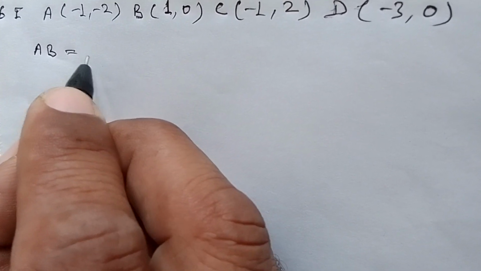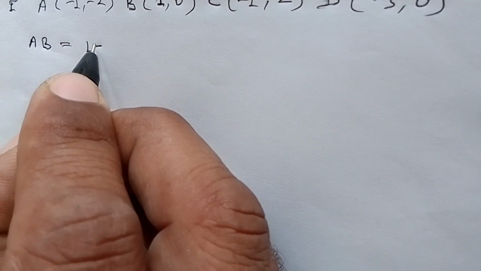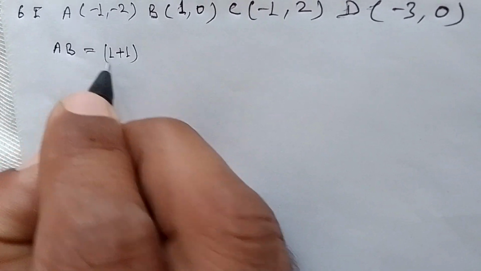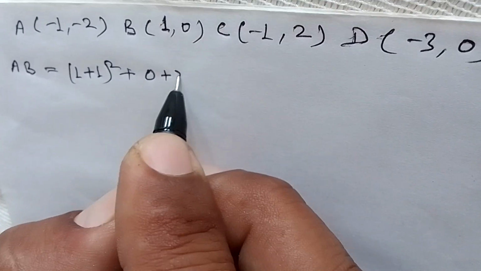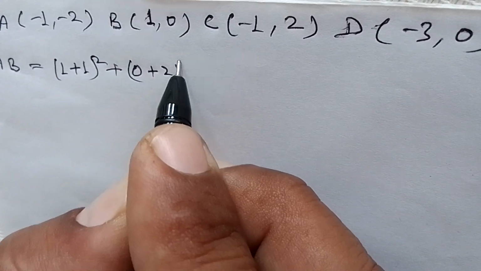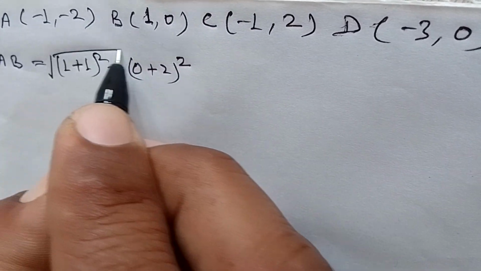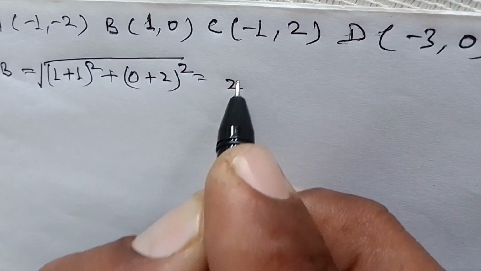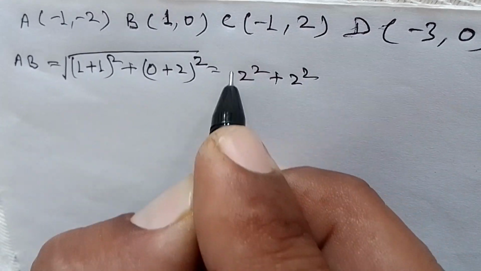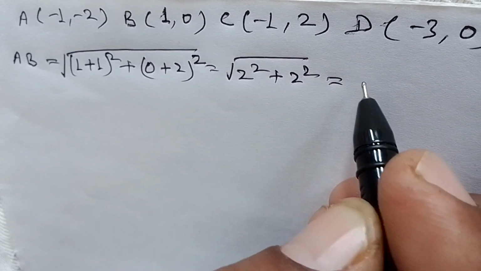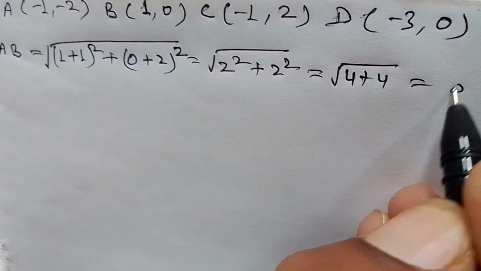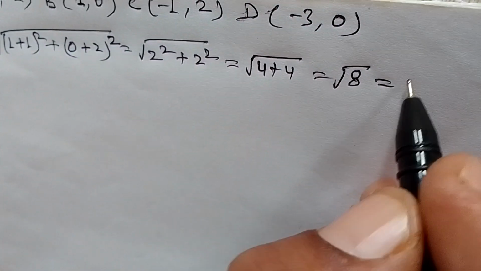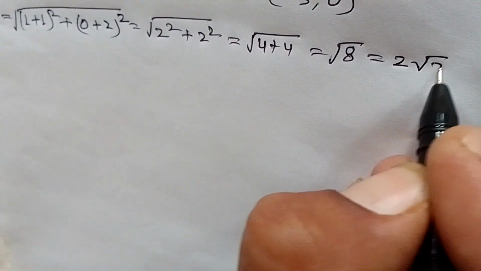So root of (1 plus 1) square plus (0 plus 2) square. So it will come out to be 2 square plus 2 square, that comes out to be root of 4 plus 4, that is root 8, which on further simplification gives us the value 2 root 2 units.